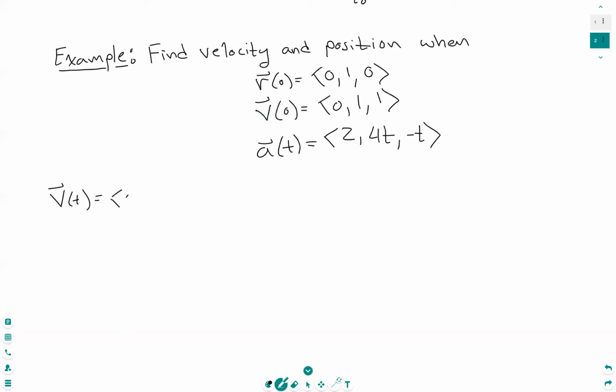So this is the vector 0, 1, 1, plus the integral from 0 to our given t of the vector 2, 4t. Oh, sorry, we're using u here. So we're doing 4u, negative u, du.